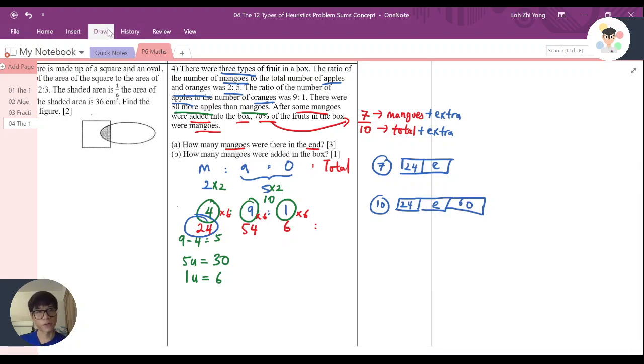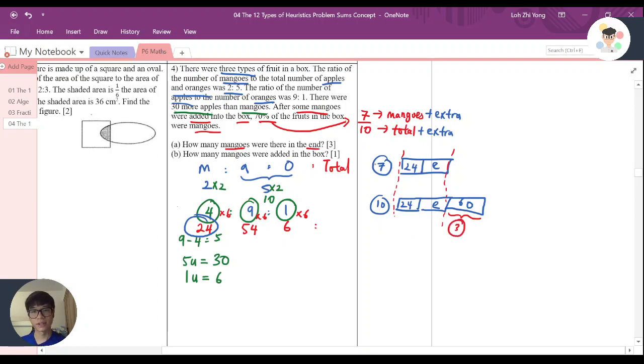Now, if we compare like this, we notice something interesting here. 7 units is 24 plus extra. 10 units is 24 plus extra plus 60, which is apples and oranges. So I know that this 60 actually belongs to that 3 units.